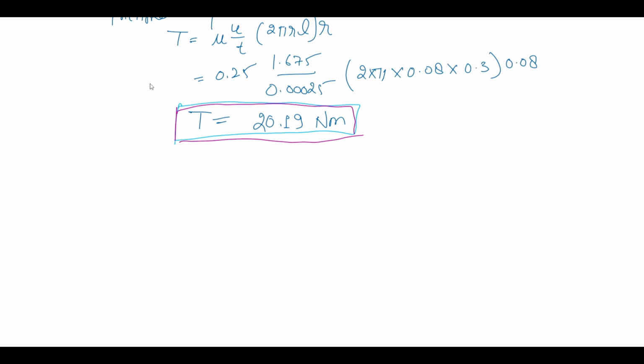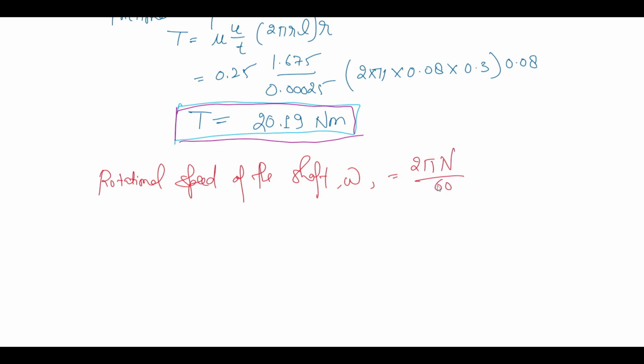And now the rotational speed of the shaft, which is omega, is equal to 2 pi n by 60.